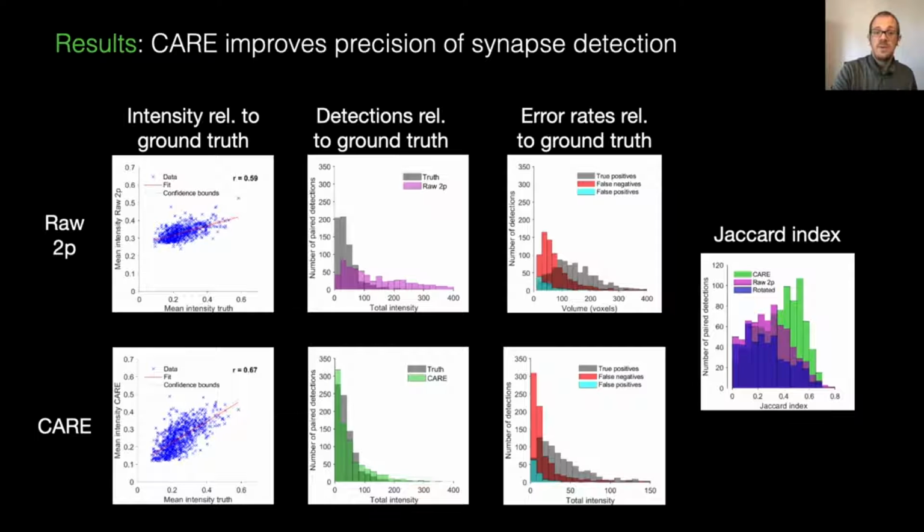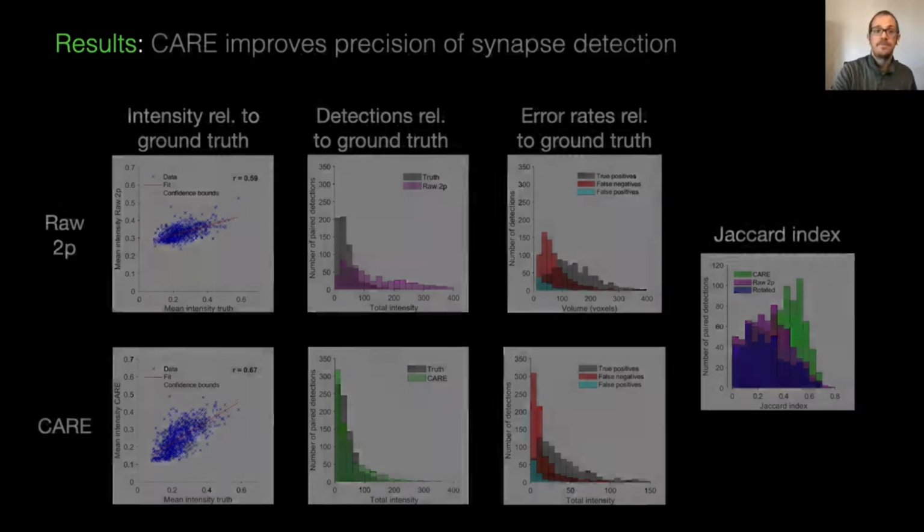We see this on the right in the Jaccard index of paired, restored, and ground truth detections, which support the rigor and precision of our network, that the synapse detections aren't changing the underlying shape, density, and distribution that we see in the ground truth. In the middle, you can see our relatively low overall error rates compared to ground truth. We have a particularly low false positive error rate, and most of the errors that we are seeing are simply misses of small or dim synapses.